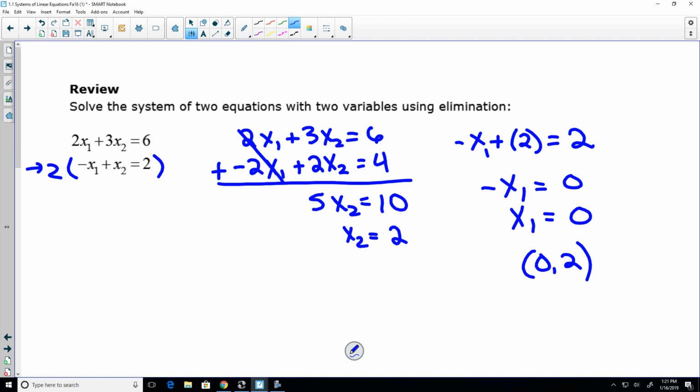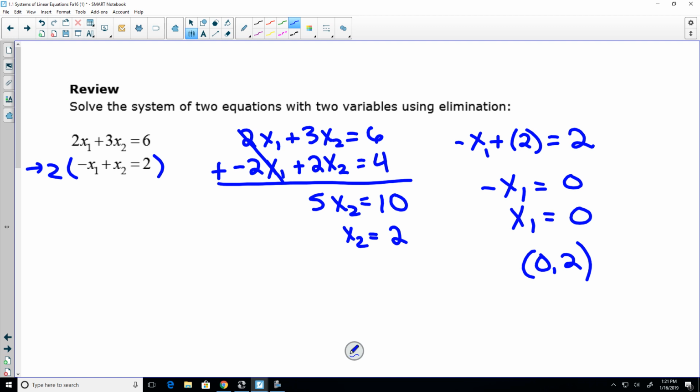Okay. So we multiplied the second one by 2, and that didn't change the solutions, right? And then we added these two together. And we stacked them up like it's a regular numeric addition problem. So why does that work? Why can we do that? I mean, we've always done it, right?